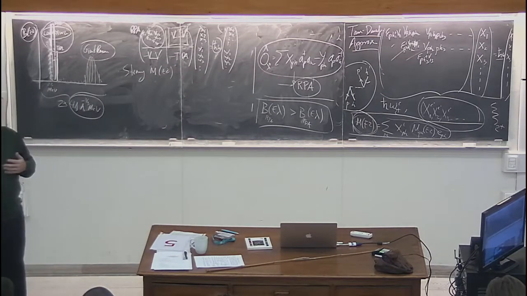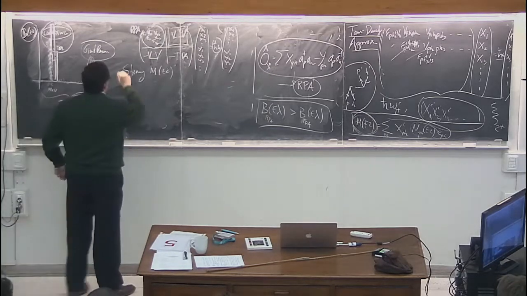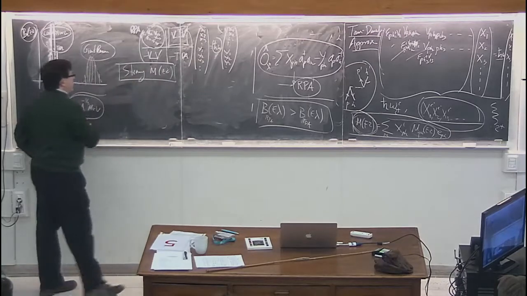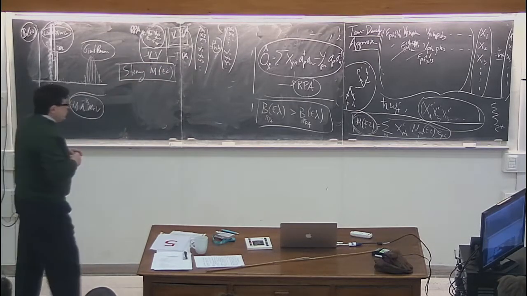Well, you obtain a strong quadrupole transition when there is some kind of coherence in the eigenvector amplitudes. A coherence that has to do with the matrix elements of the quadrupole operator.